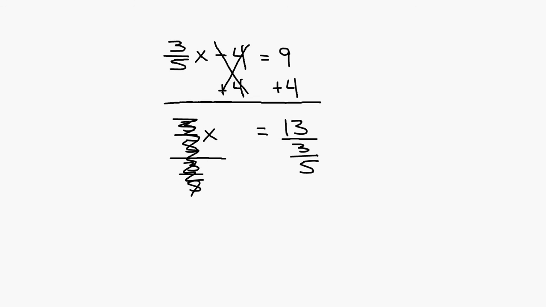So the only thing left on the left-hand side is x equals, in your calculator, take 13 and divide it by 3/5. 21 and 2/3. Now, I also want you to list it as an improper fraction. So push the second button and the fraction button. And your calculator should give you 65/3.